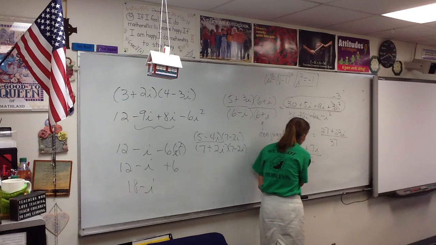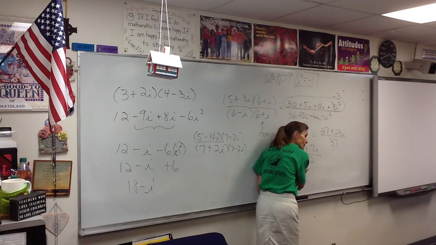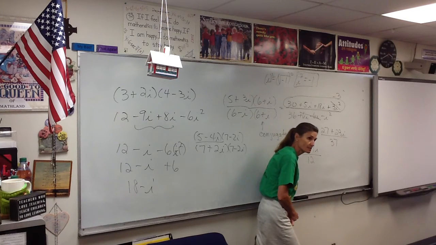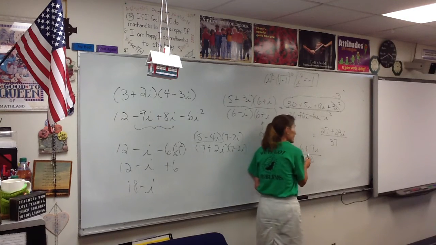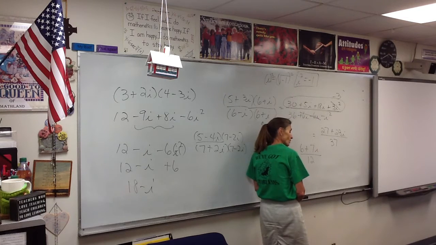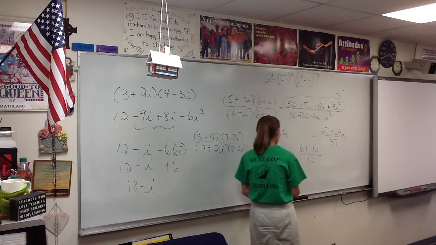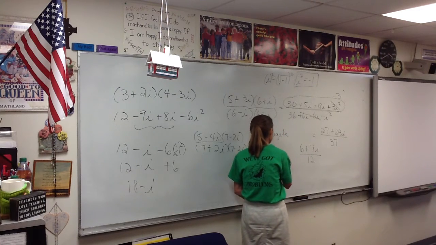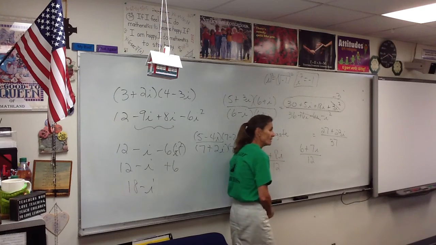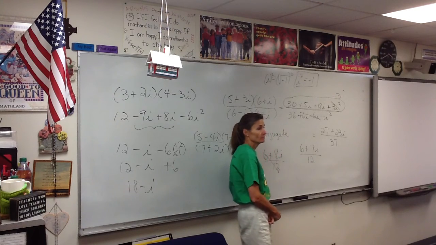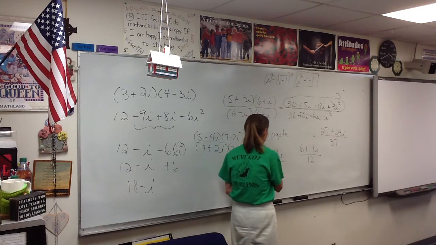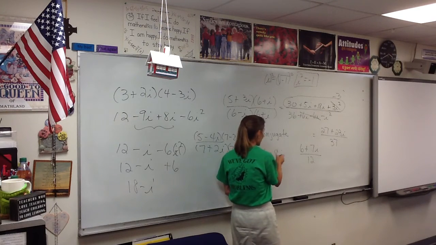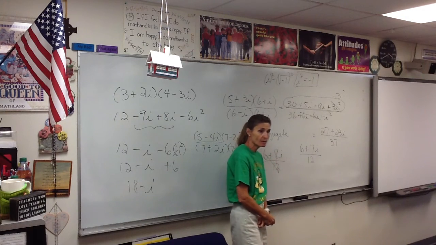Kids are always tempted to cancel here. You can't. The only way you can cancel in a problem like this is if you can cancel out of everything. So here, 6, 12, and 8, I could take out a 2.